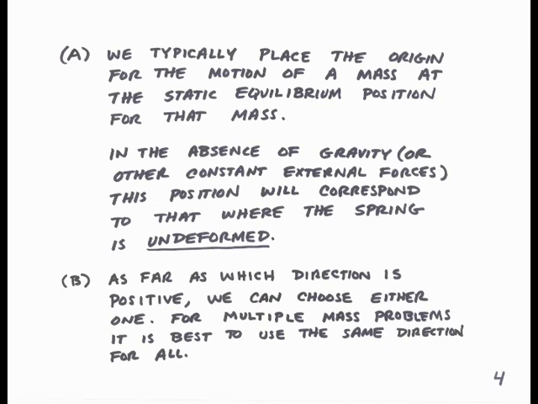Regarding our second question about which direction to choose as positive, we can choose any direction. Now, for multiple mass problems, it's best to choose the same direction for all the masses. And note that when we choose a direction, we're not assuming which direction the mass is going to move in. For dynamics problems, we never know what direction the mass will move in.